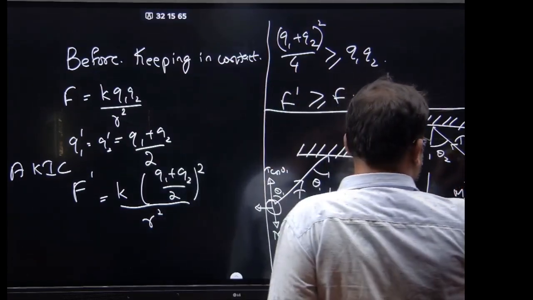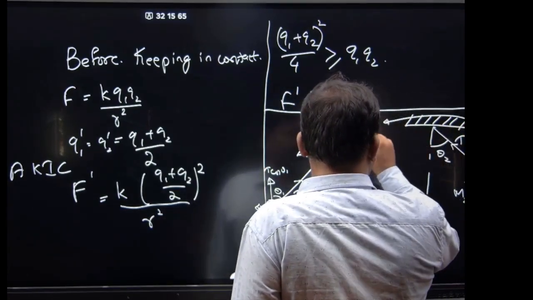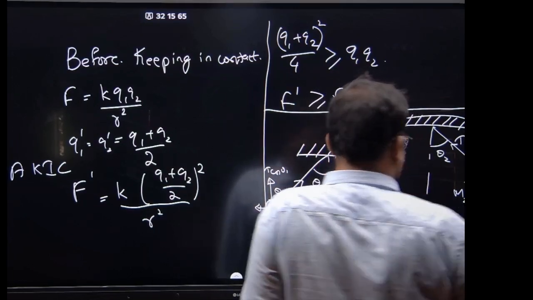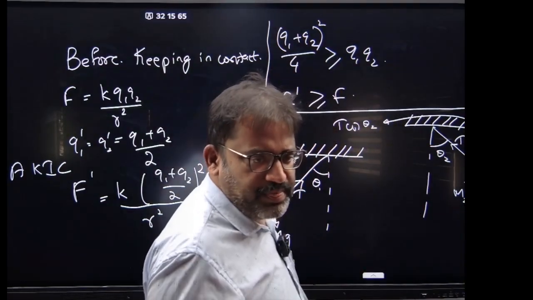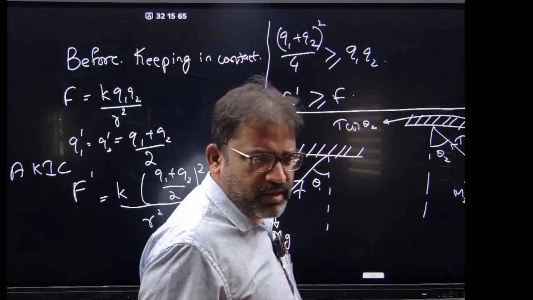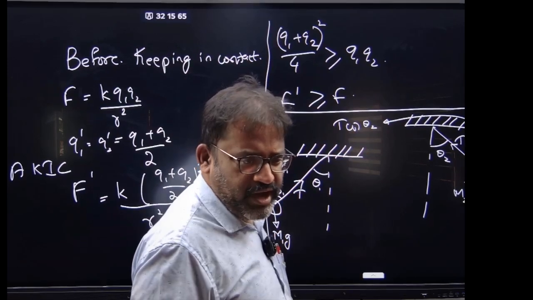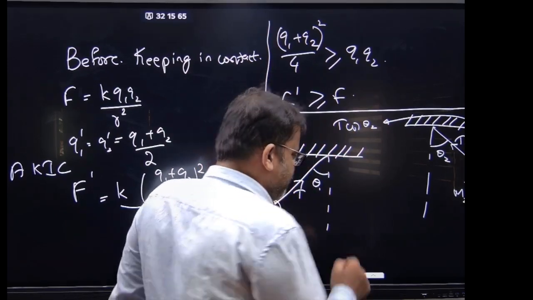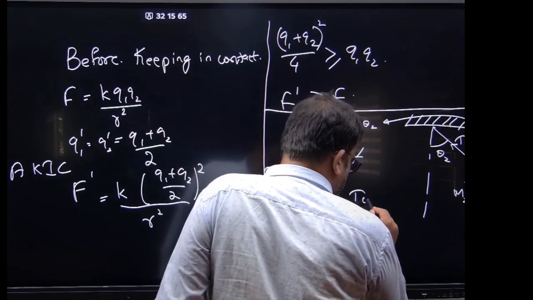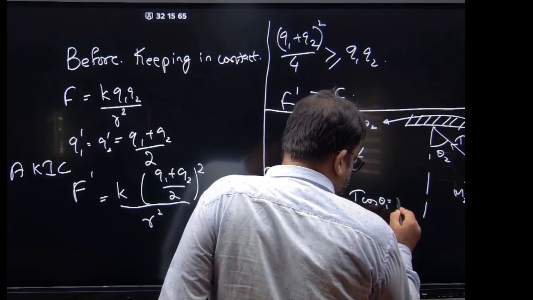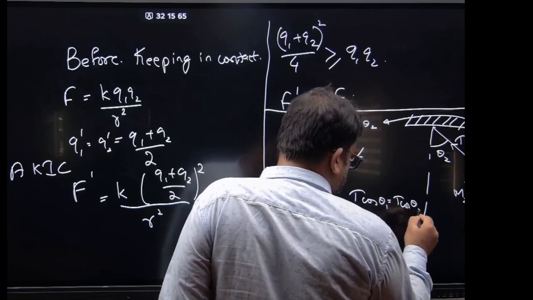So this force will be T cos θ2. Now remember, θ1 is equal to θ2, which means cos θ1 and cos θ2 are both equal. So we can say T cos θ1 equals T cos θ2.